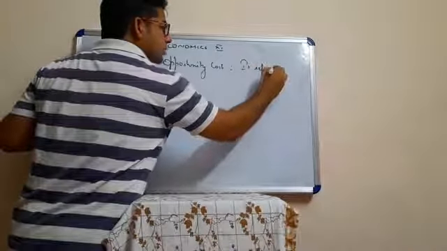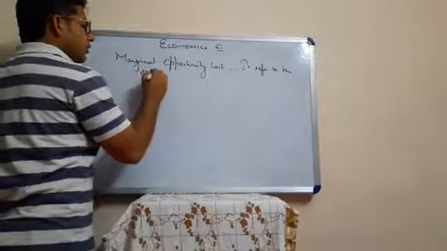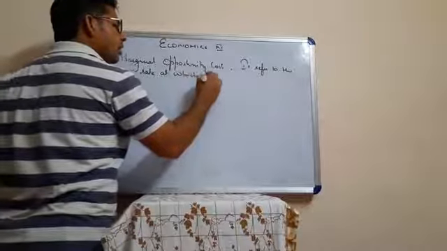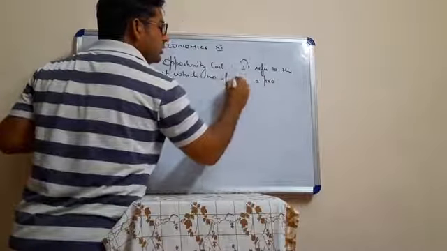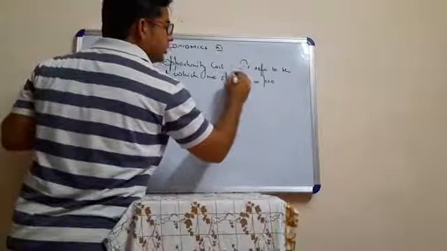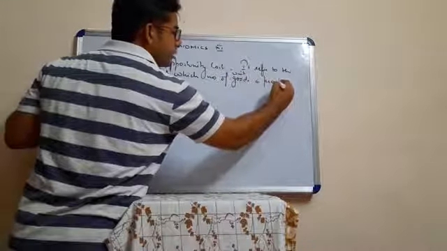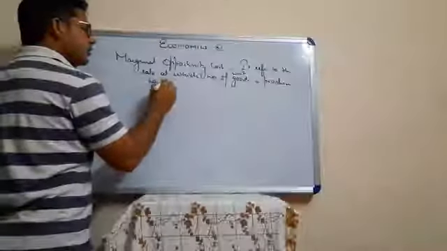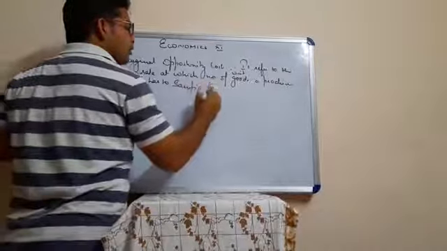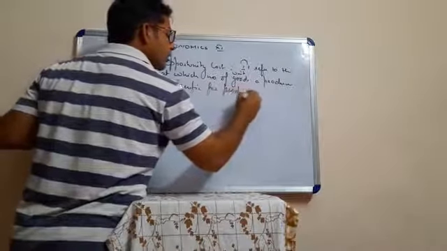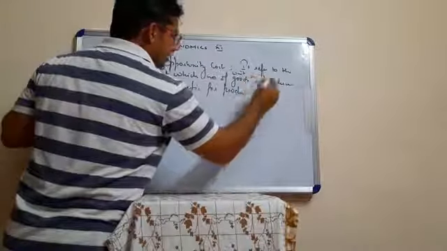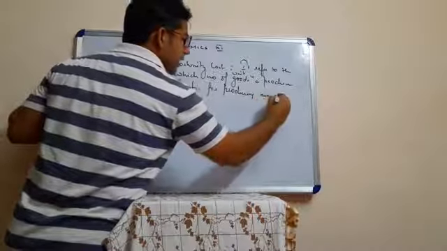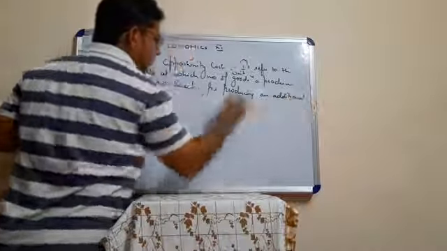Okay, dear students, for the sake of definition, we can say that it refers to the rate at which the number of units of good y a producer has to sacrifice for producing an additional unit of good x.